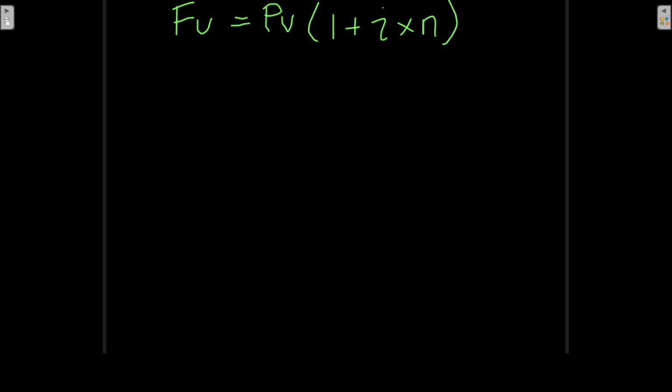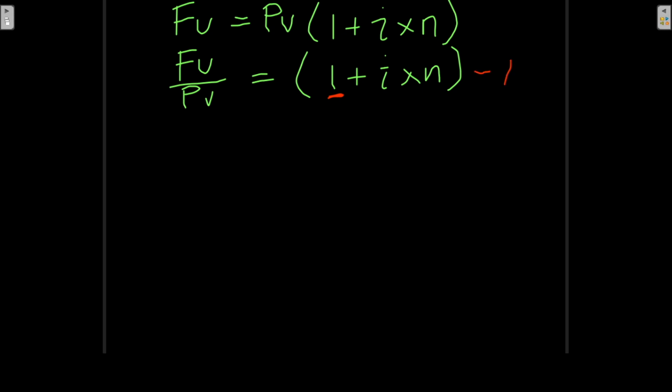And we would now like to solve for I. So how do we solve for I? First of all, I take my future value and I divide it by present value. So I have 1 plus I times n on the right. And then to get rid of this 1, I will subtract 1 on the left and on the right.